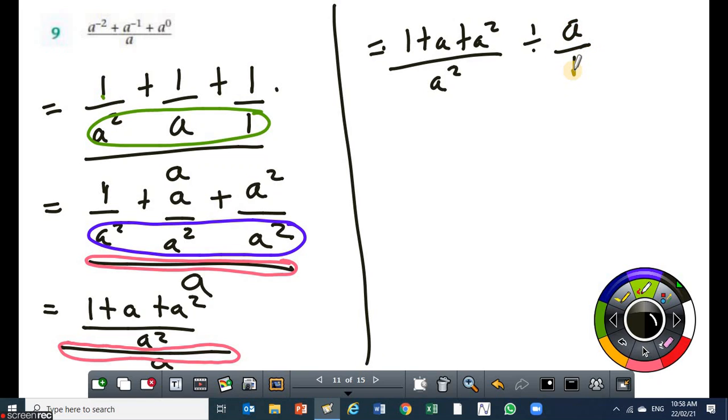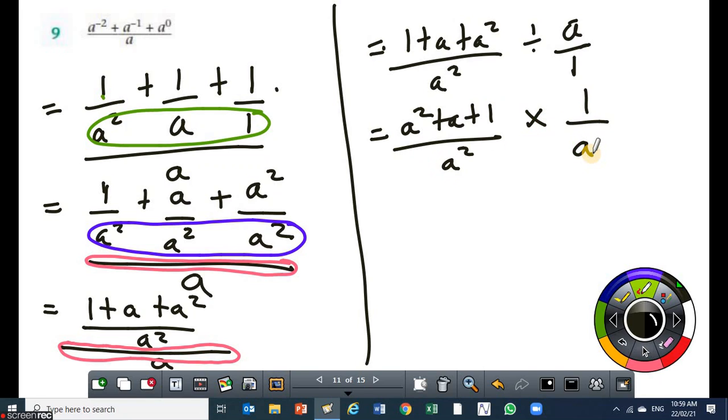Then I need to convert that division sign to what? Multiplication. Allow me to rearrange these three terms starting with a squared. So I can write it as a squared plus a plus 1 all over a squared, times 1 over a.